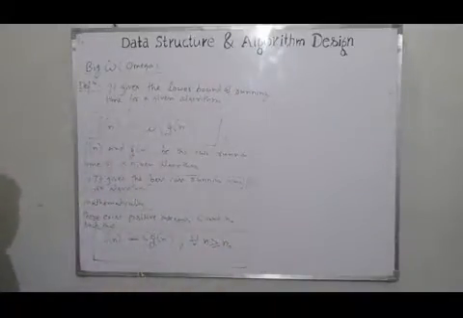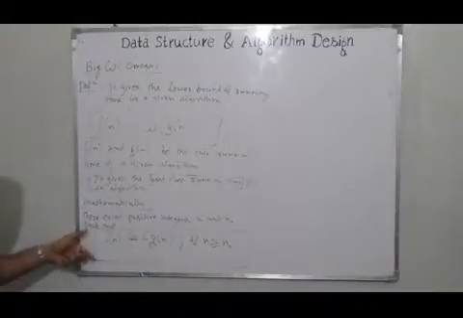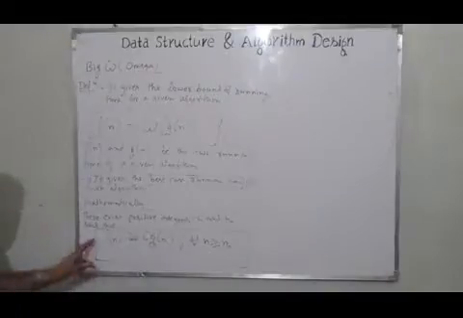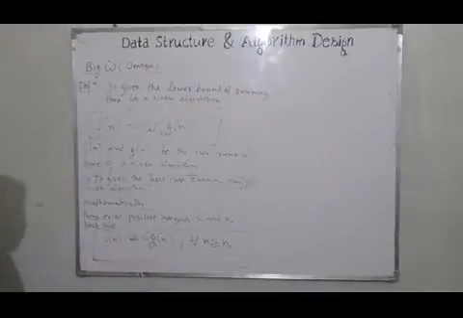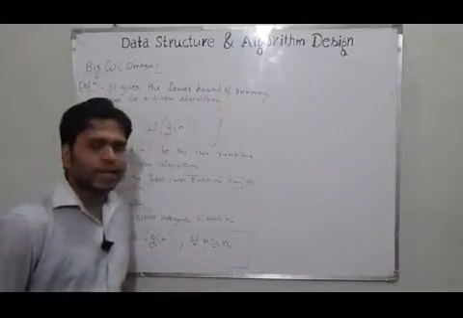So mathematically we obtain this relation for the big omega, where f(n) is always greater than C g(n) for all n greater than or equal to n naught.